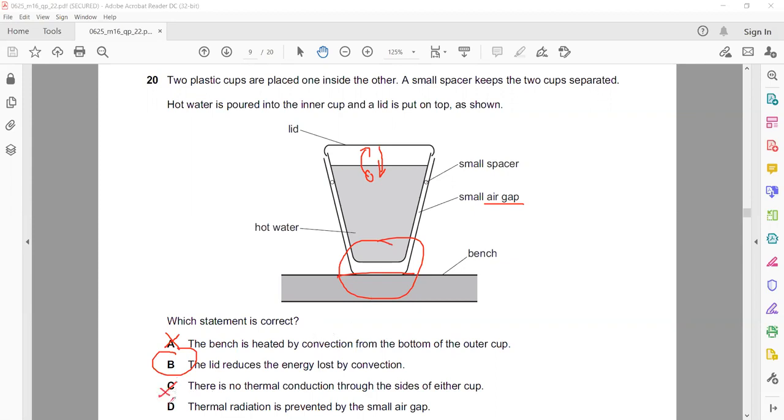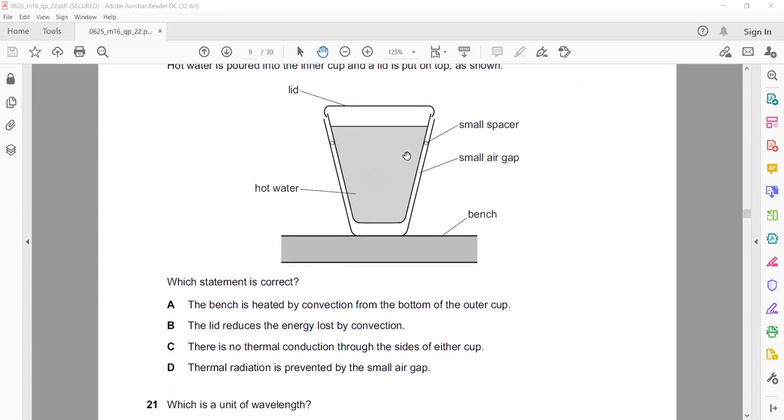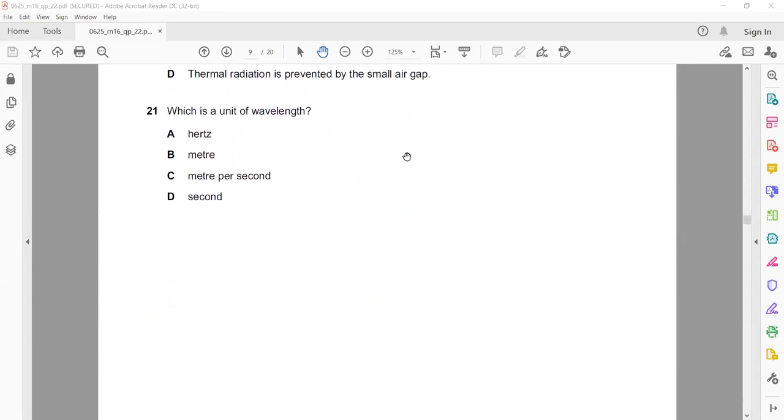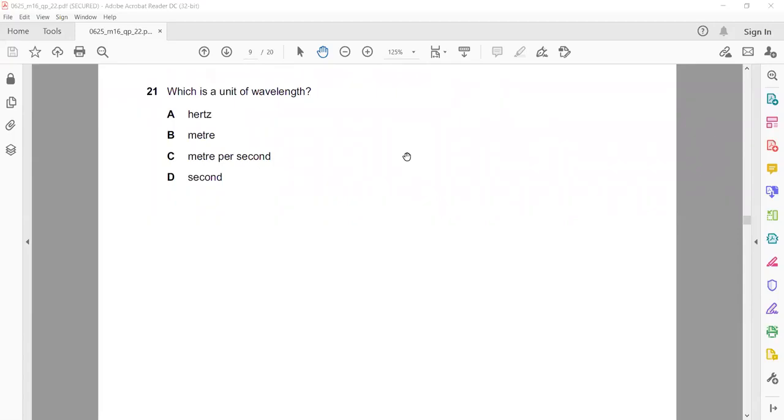That's why C and D are not the right statements. The term prevent means stop completely, but air can allow the radiation to pass. Radiation can pass through a vacuum as well. So that's not a right statement.